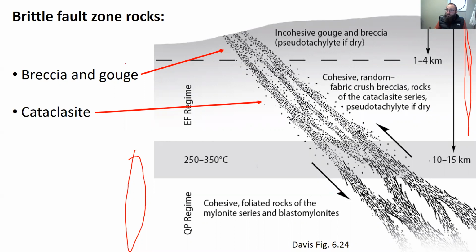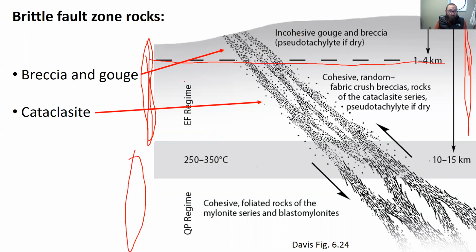In the upper frictional regime, frictional strength increases linearly with depth because of the increasing confining pressure, and hence we get incohesive breccias and gouges in the upper 1 to 4 kilometers of the crust.